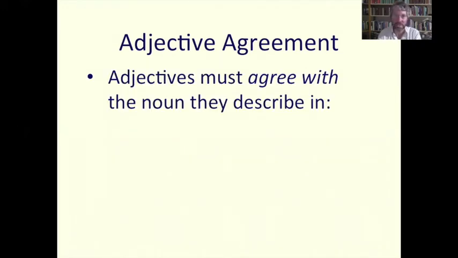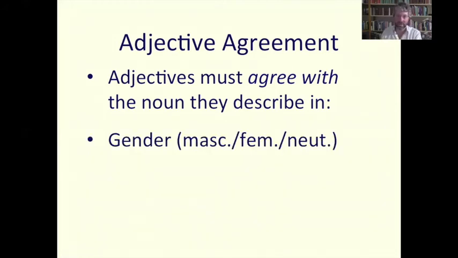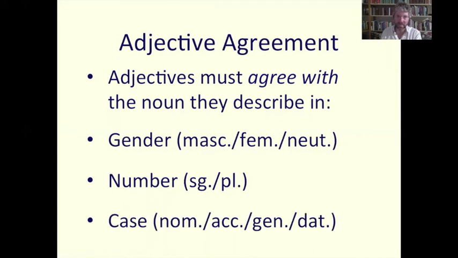Now that we know what the words look like, how do we apply the rule of adjective agreement? Well, the rule is as follows. We say that adjectives must agree with the noun they describe in gender, in number, and in case. The 3 genders, 2 numbers, singular and plural, and the 4 cases multiplied together give us the 24 options we had in the previous table.